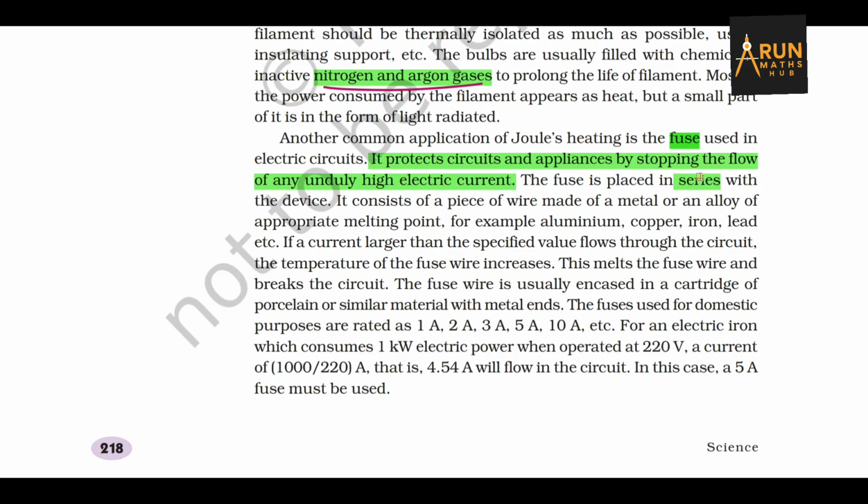Always it is placed in series, and it has a low melting point. If the current flows more than the specified value, what happens? The fuse will get heated up and melt, and it breaks the circuit. Thus, it protects the circuit and appliances.